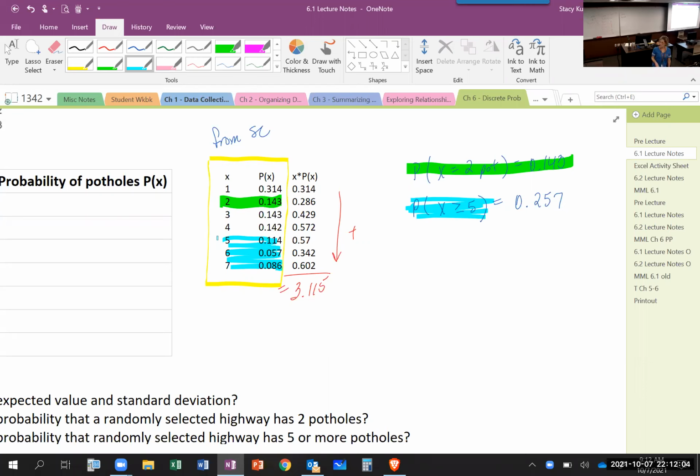StatCrunch can create the relative frequency table if I'm given the raw data. If I'm not given the raw data, StatCrunch can't give me a relative frequency table. I would have to add up the totals and divide each of the cells to get the relative frequency of each of the values we're looking at.